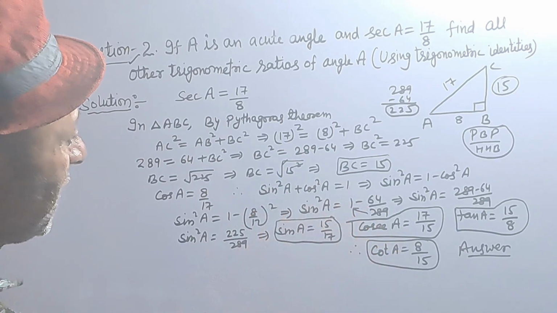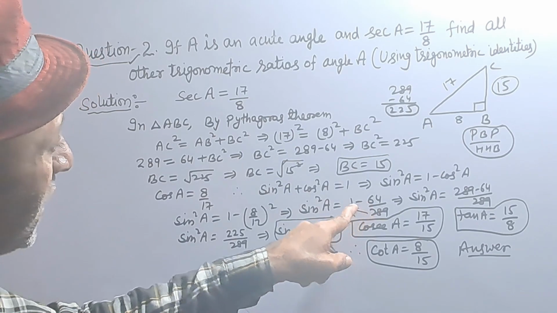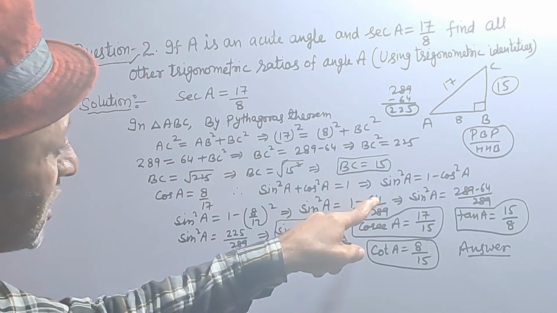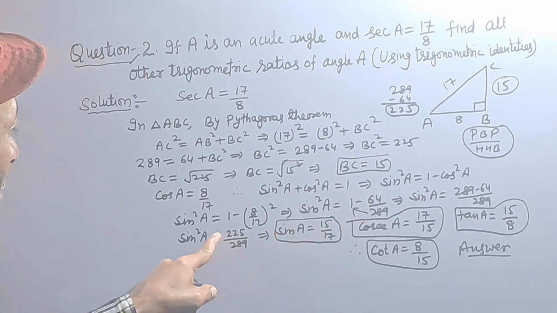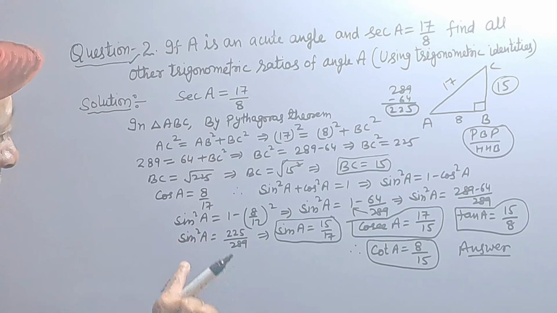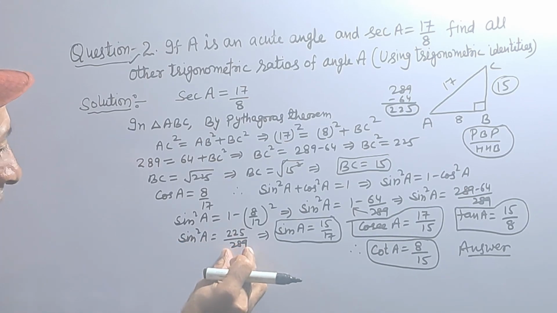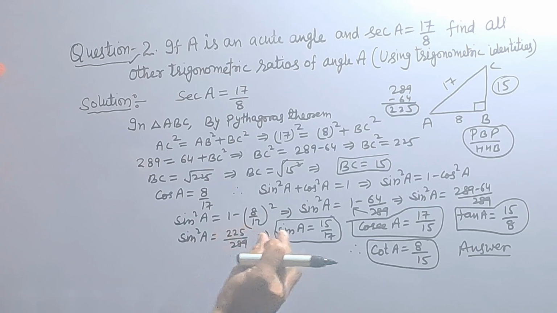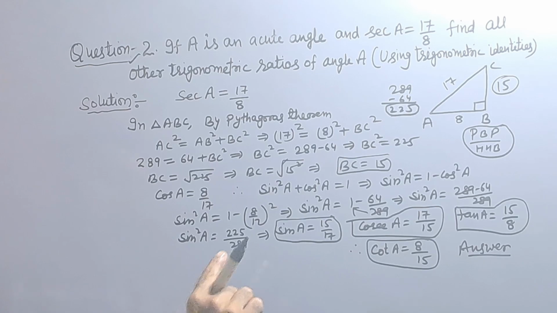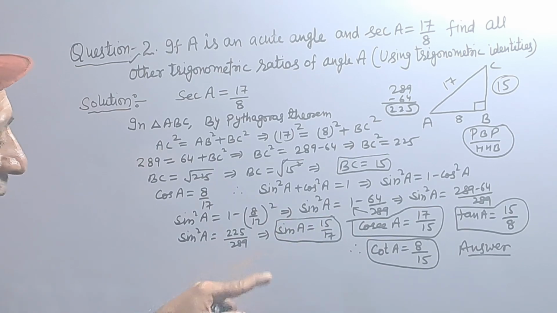LCM is 289 and 289 minus 64, that is equal to 225. Sin square A is equal to 225 upon 289, that is 15 upon 17 square. Square is cancelled and we get sin A is equal to 15 upon 17.